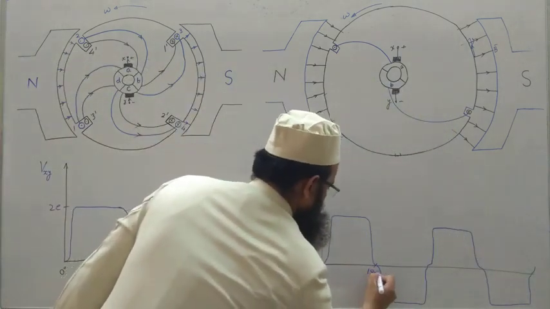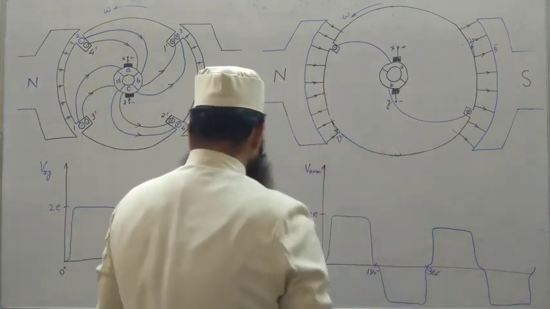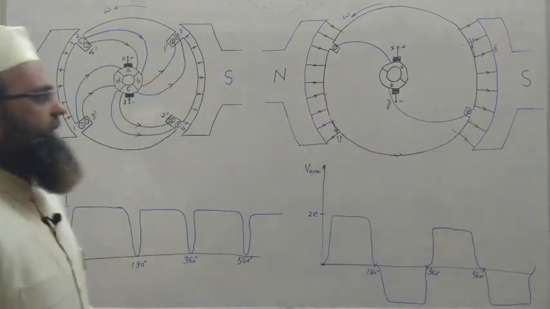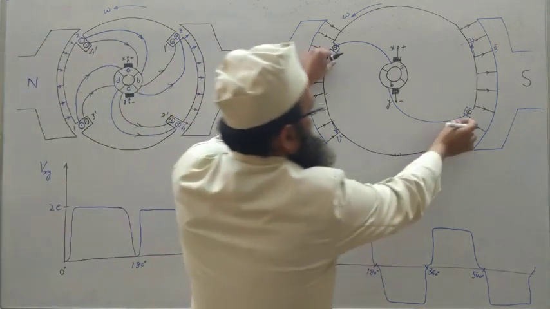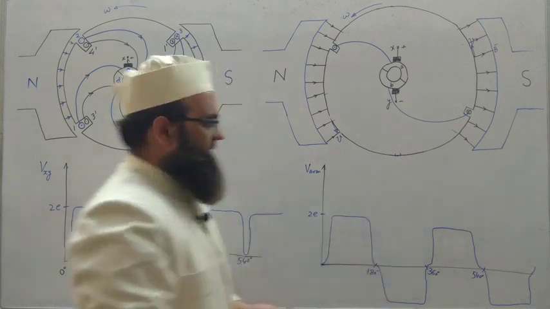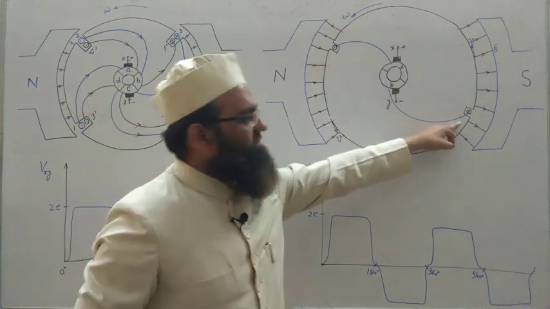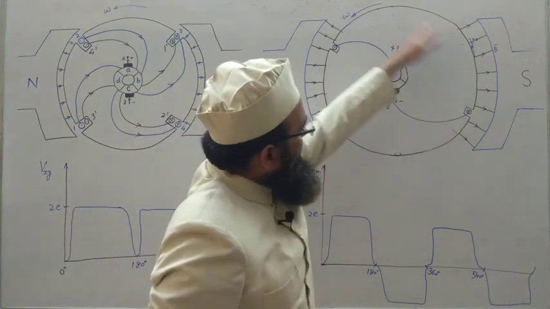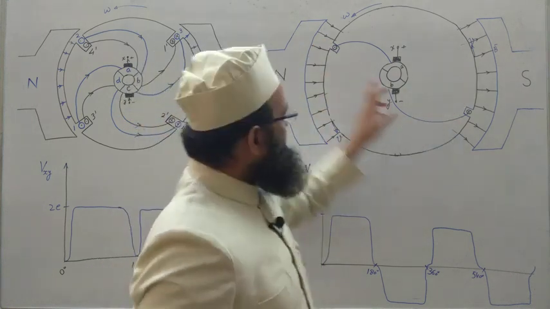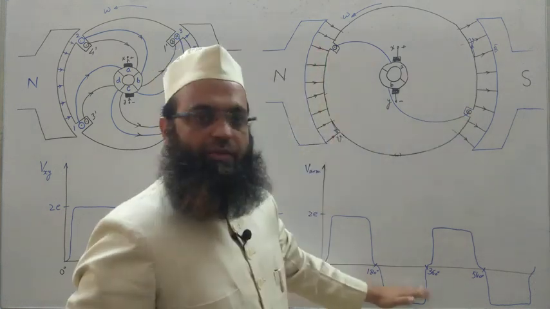This is 180 degree. This is 360 degree. And this is 540 degree. So we are taking the EMF induced across these two terminals. So we will get like this. When it comes under the north pole region, we are getting positive polarity, means the potential of this is higher than this. Suppose this rotated 180 degree further, then it reaches here. In that case, the potential of this will be lesser than that. So negative will be obtained, and like that.